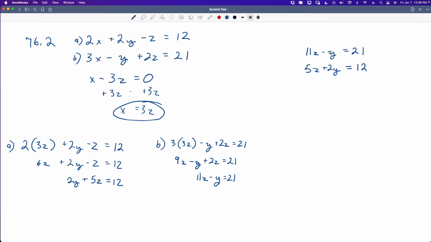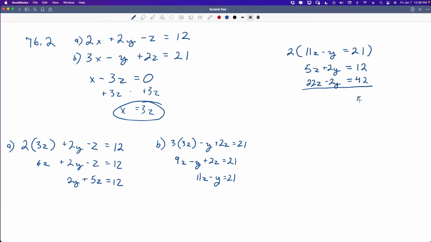Now I see right away that I need to multiply this one times 2, right? So I can get the same value here that I can eliminate. So it's going to be 22z minus 2y equals 42.